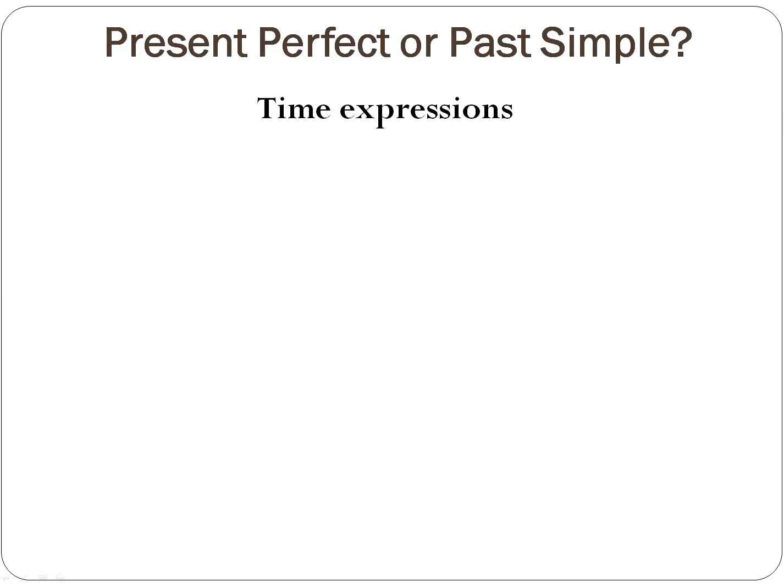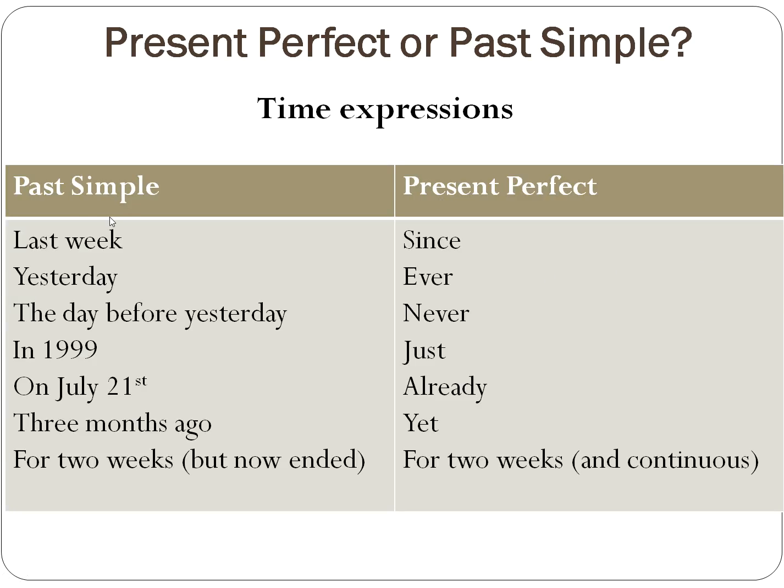Okay, sometimes you might hesitate about what to use, the present perfect or the past simple. And in these instances, there could be some time expressions in the sentence to help you choose your tense correctly. Okay, so time expressions for the past simple, you can have last week, last year, last holiday, okay?